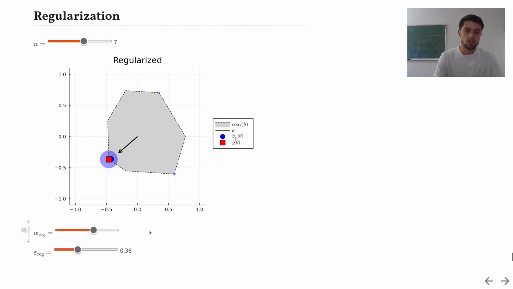Here is just an animation to illustrate this procedure. In gray, you have the convex polytope, the set of feasible solutions of the hard combinatorial problem. In red, you have the strong argmax, which moves from one vertex to another when you change the direction of the cost.